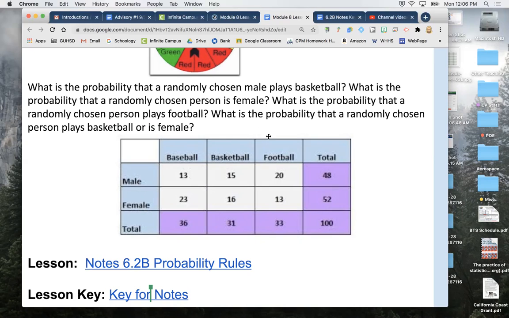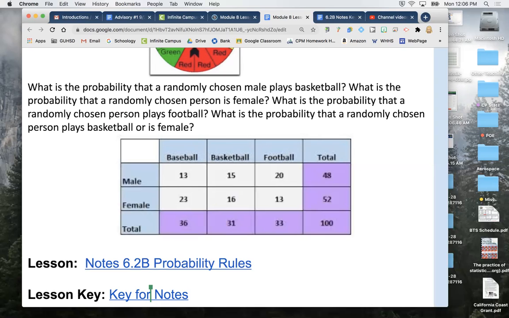But then I have to subtract out the probability of them playing basketball and female, because I've double counted the people who play basketball and are female. So I subtract out that number. I'm going to show you what that looks like mathematically here. And then in homework tonight, you will also be doing that.